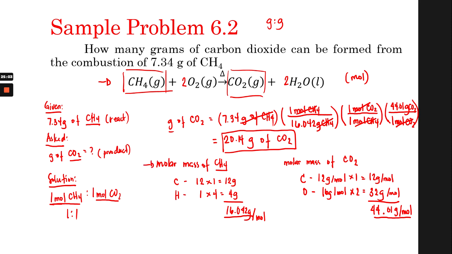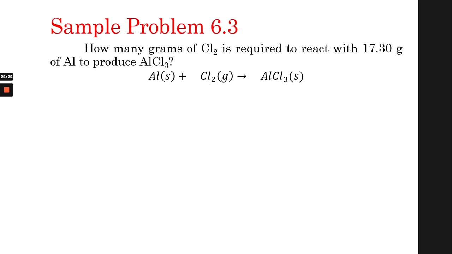That's why we study this first, in order for you to solve the molar mass of a compound, because you have to be able to convert between grams and moles of a specific compound. So I hope that is clear. If you guys have any questions about this, do not hesitate to message me. Let's go on to another sample problem.